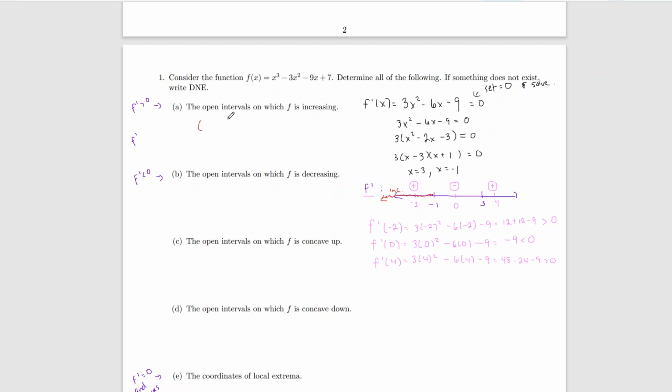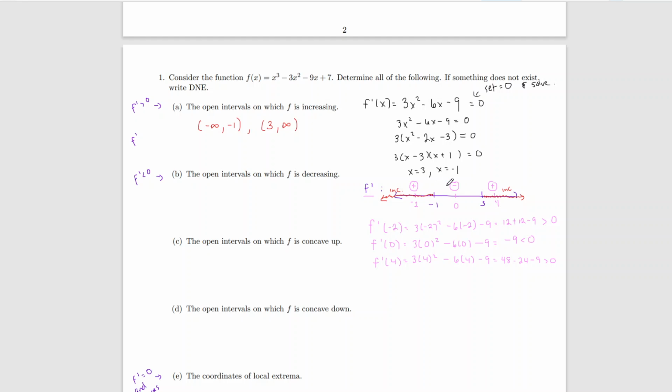So one of the intervals it's increasing is -infinity up to -1. And is it increasing anywhere else? Well, it's positive at 4, which means it's increasing in that interval from 3 all the way to infinity. Positive first derivative means increasing. So we just have a comma and our other interval, 3 to infinity.